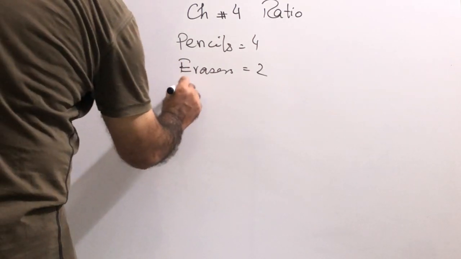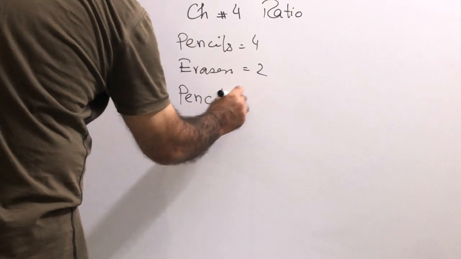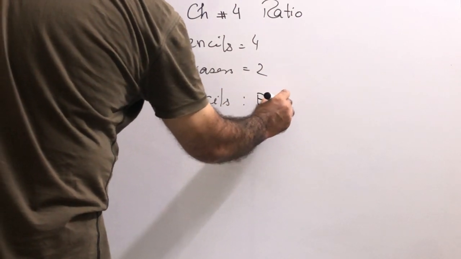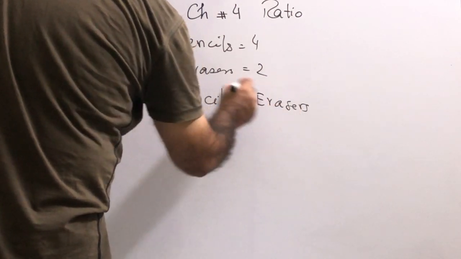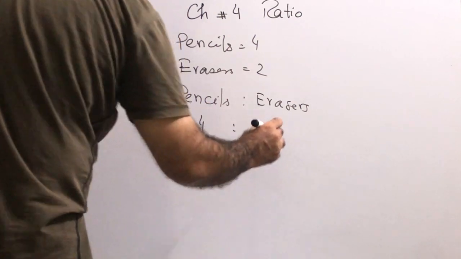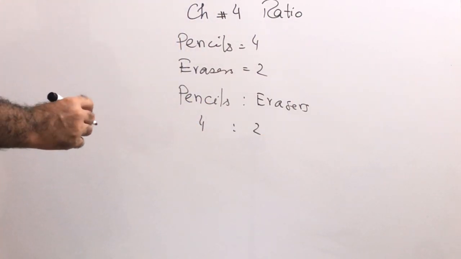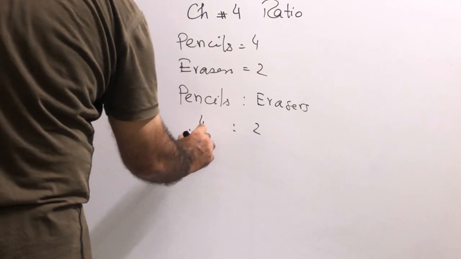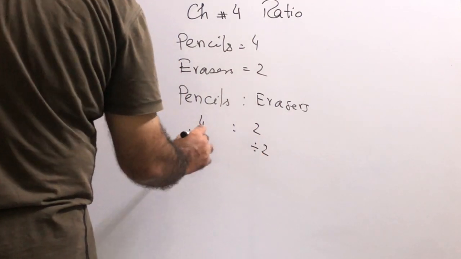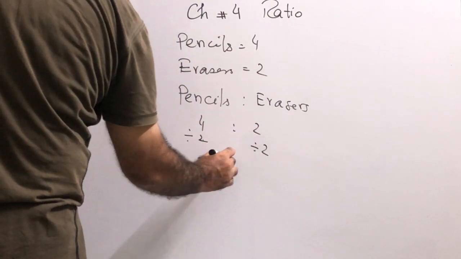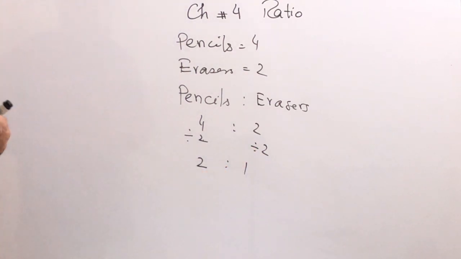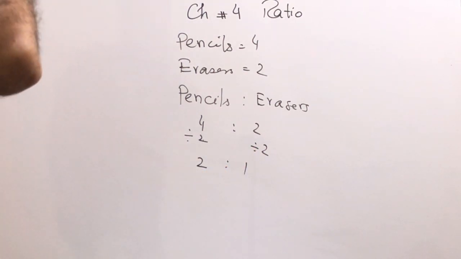So if we find the ratio, pencils ratio erasers, we'll put here 4, we'll put here 2. Okay. So if we need to simplify, what we'll do is we'll divide this by 2 with same table. Okay. 4 divided by 2, result is 2. Here it is 1. So when we simplify, we get the ratio 2:1.